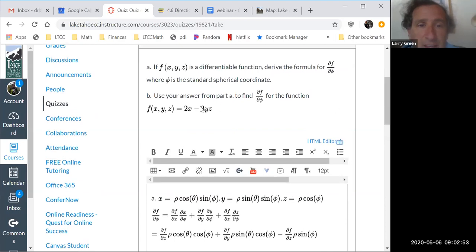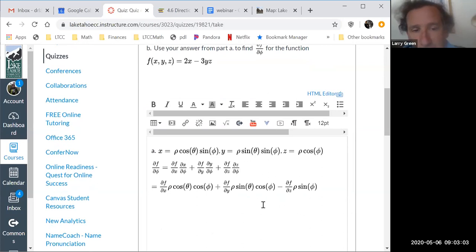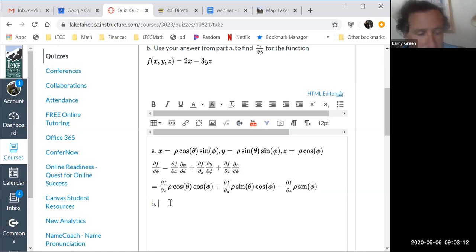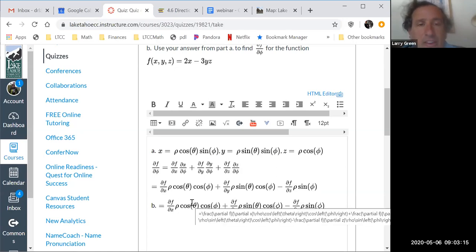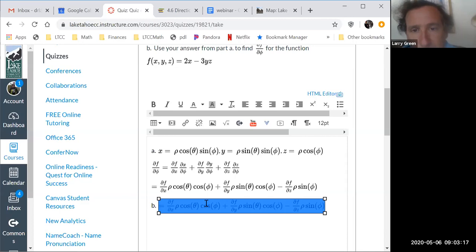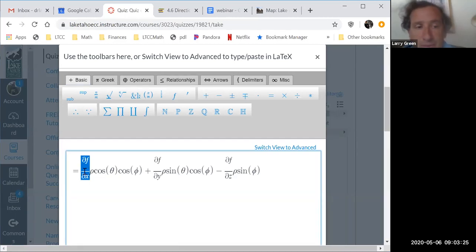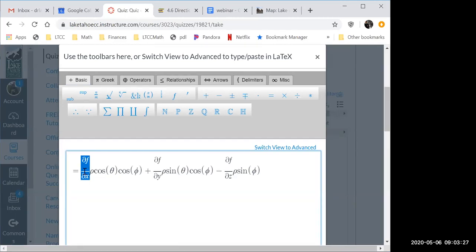Part B says, use the answer from part A to find del f del phi for the function 2x minus 3yz. So for part B, I am just going to copy and paste this and then put in what we need. We're going to use the formula, so I'll just rewrite the formula. And remember, we had 2x minus 3yz. So del f del x is what? 2.